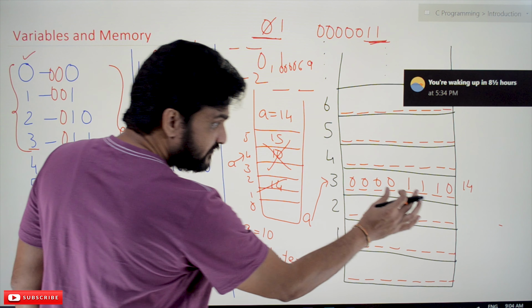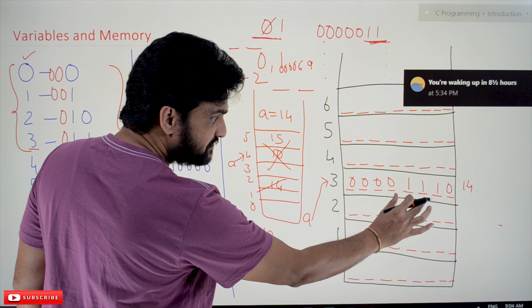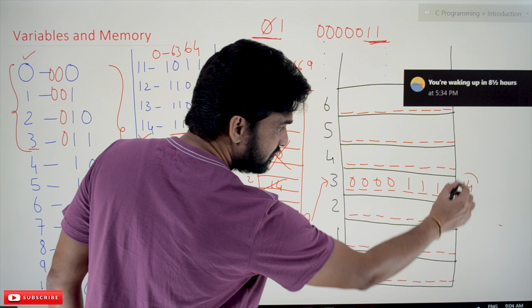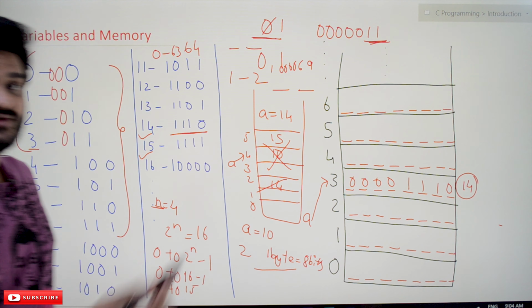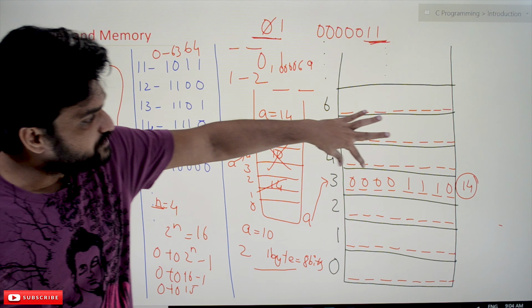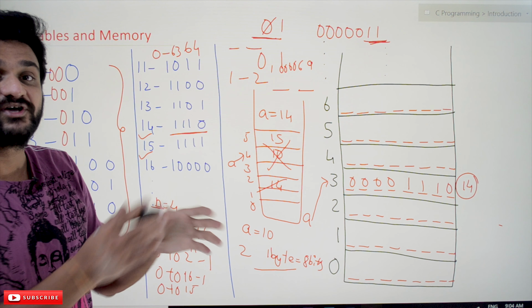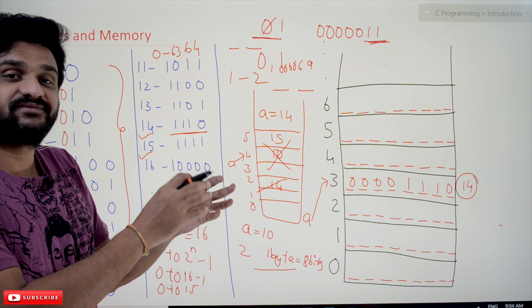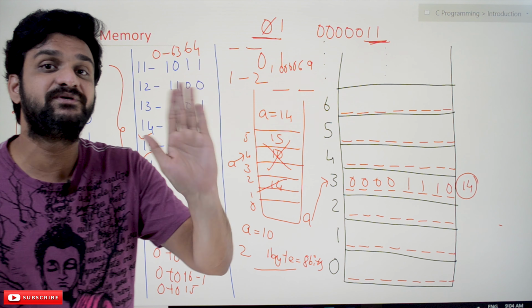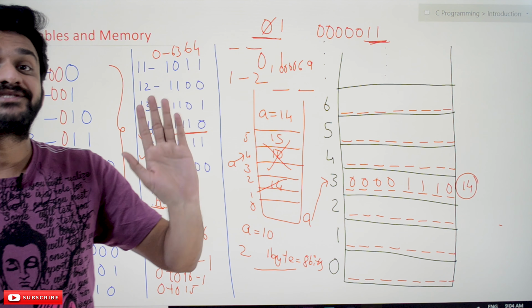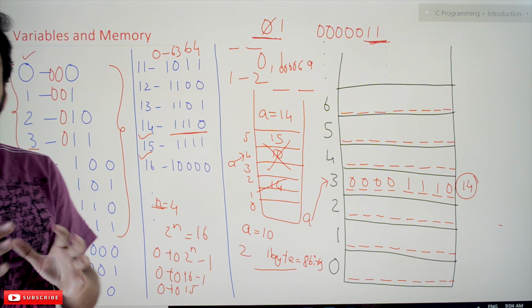Now this is the value that will get stored in this memory location to represent 14. Whenever we want to access that 14, we go to this memory location, we get these bits and we convert it into a decimal number, and that decimal number will be shown on the screen. So this is how the computer works.